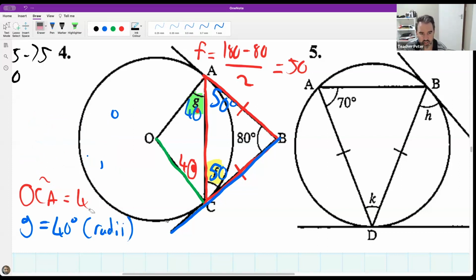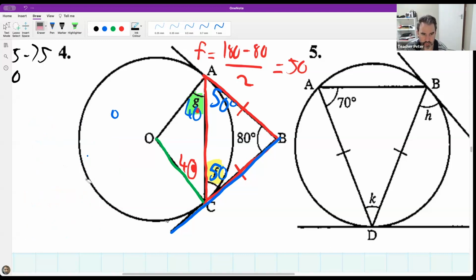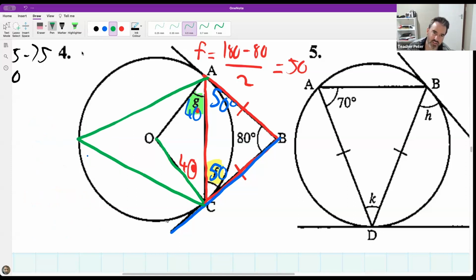Now, the question doesn't ask us to go further than this, but just to show you for fun, if I said to you, what is the size of the blue angle here? Could you work it out? Oh, I saw a hand. Someone's hand was up there. Can I help? Just for fun, what is the size of the blue angle?